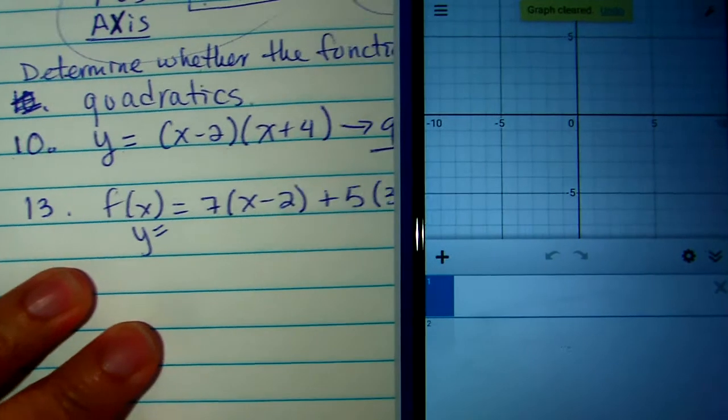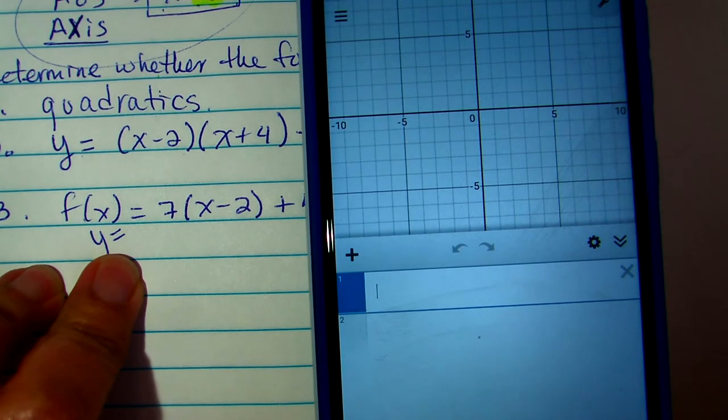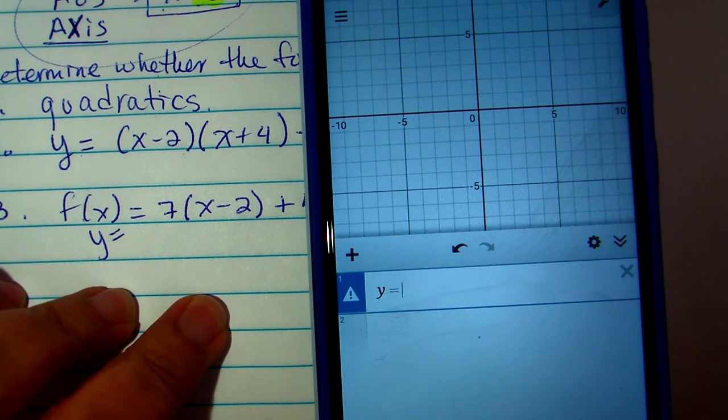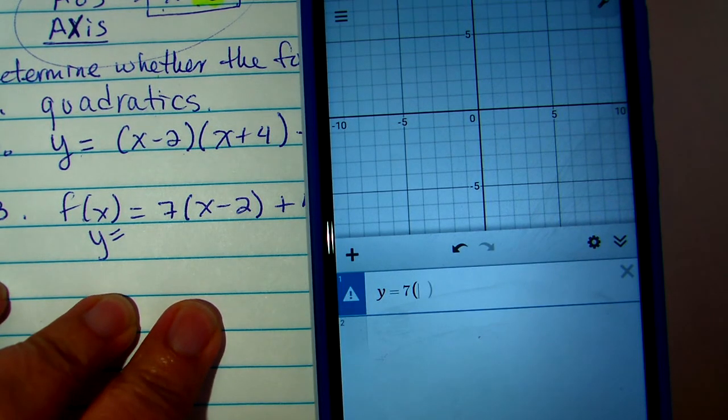Let me type number 13. Number 13, it's y equals 7 parentheses and then x minus 2.